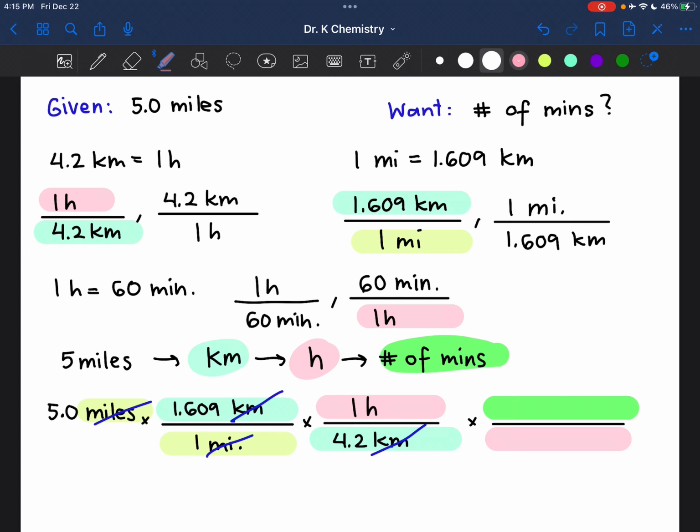And if I find a conversion factor that allows me to do that, it will be this one, where hours are in the denominator and minutes are in the numerator. And I'll just plug those values in. And now I see that hours are diagonal from each other and they cancel. So everything here cancels out, and ultimately we will be left in minutes, which is exactly what we're trying to find.